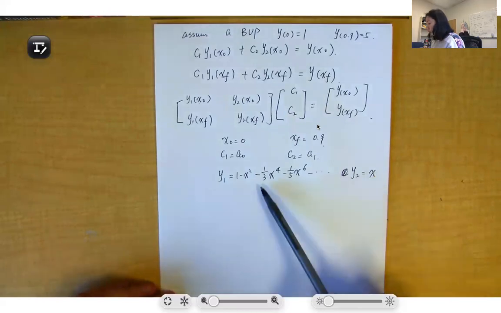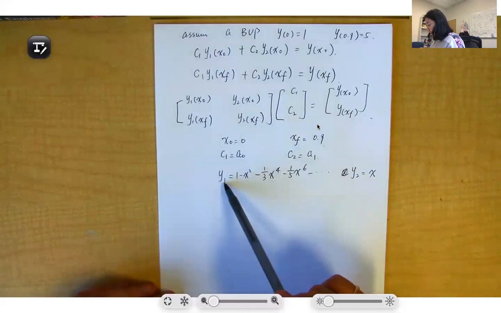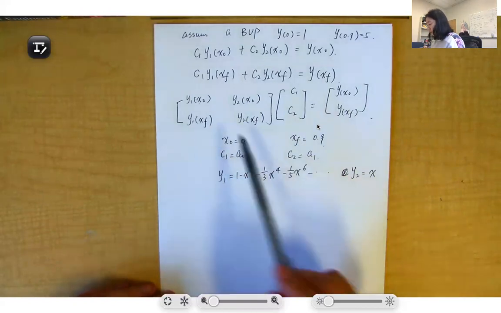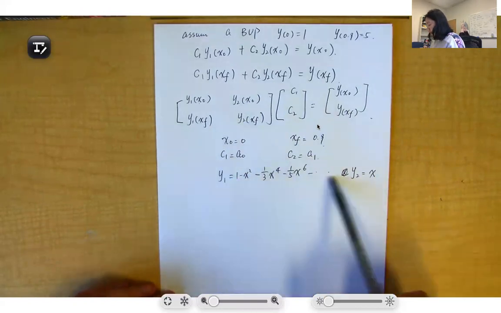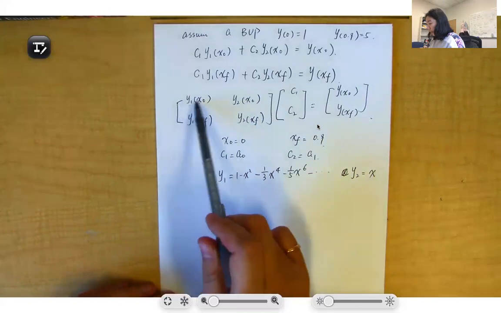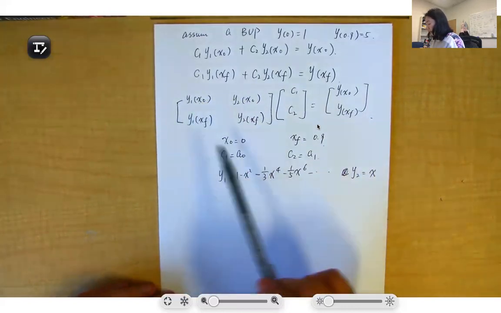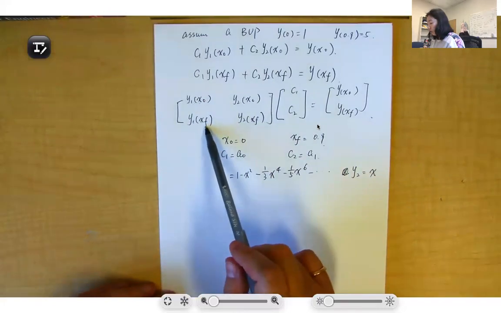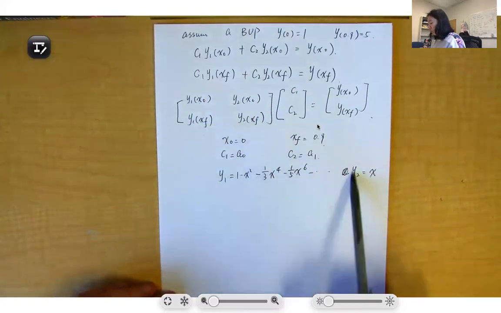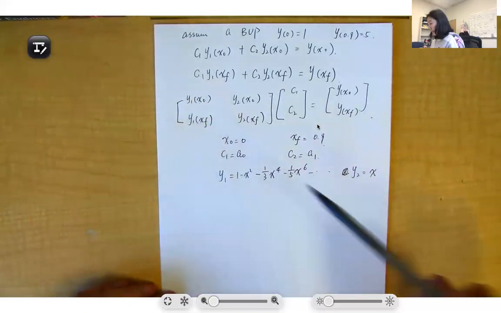But what you don't know is y1 at x final, because that is a power series term, an infinite power series term. Y1 at x naught is easy to know because that is just 1, but y1 at x final is not sure. So you need to do a looping in order to know what y1 xf is.